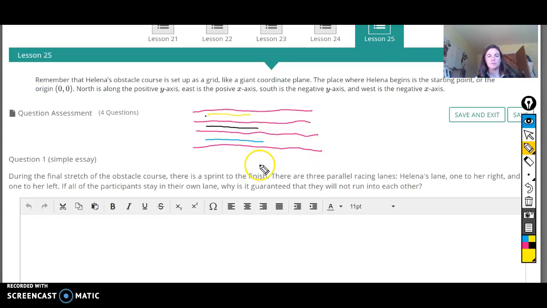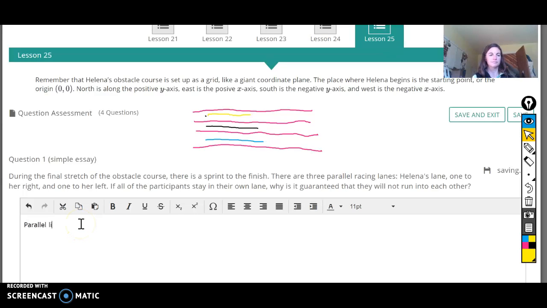And if these lines remain parallel, these runners should never run into each other because parallel lines never intersect. So that's all we need to type here. Okay, first one done.